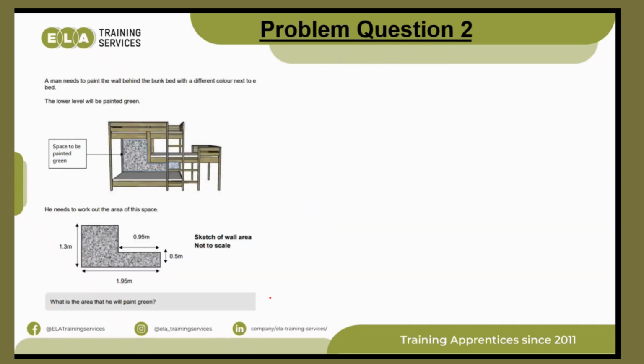Our second problem question is the following. A man needs to paint the wall behind the bunk bed with a different colour next to the bed. The lower level will be painted green. He needs to work out the area of this space. What is the area that he will paint green? So we have here a compound shape. So we're going to, method 1, we're going to split the shapes.